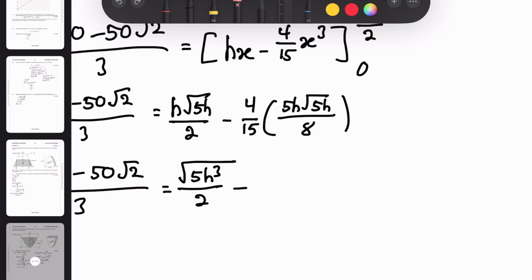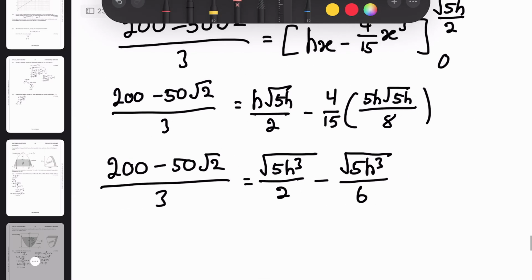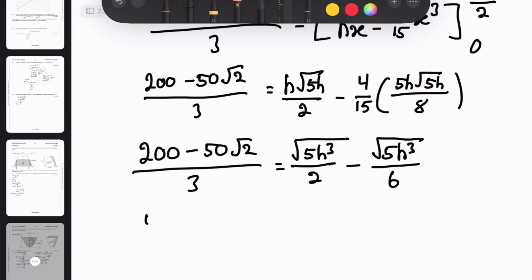So we have square root of 5h to the 3. So then 1/2 and a third.